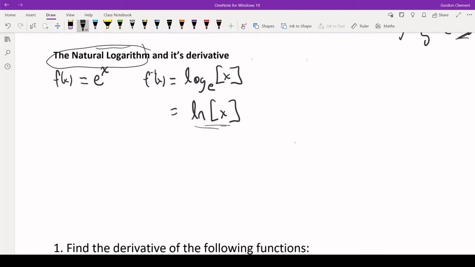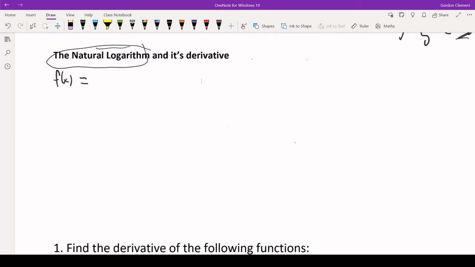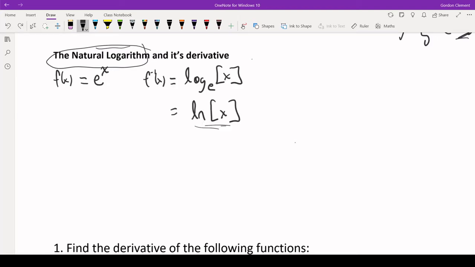So what we're going to do, just so I'm not dealing with this inverse notation, is start with this. f of x is the log of x, the natural logarithm of x, and we're going to find its derivative. I probably didn't need to erase all that stuff, because I'm going to write it as y equals the natural logarithm of x.